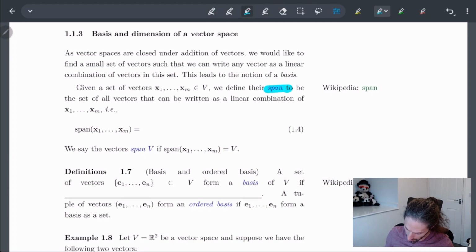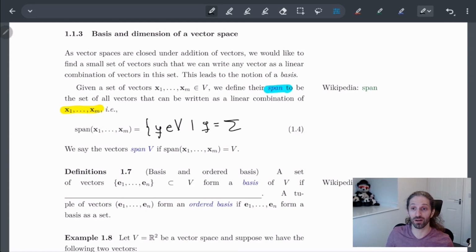So here is a set of vectors. Span is the set of all vectors that can be written as a linear combination of the vectors in this set. In other words, the span here is equal to the set of vectors Y in our vector space, such that Y is equal to some linear combination.